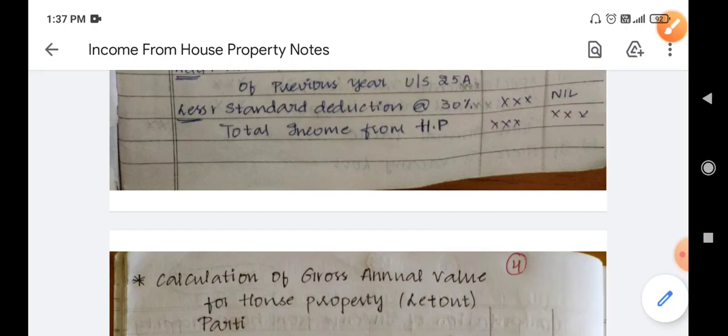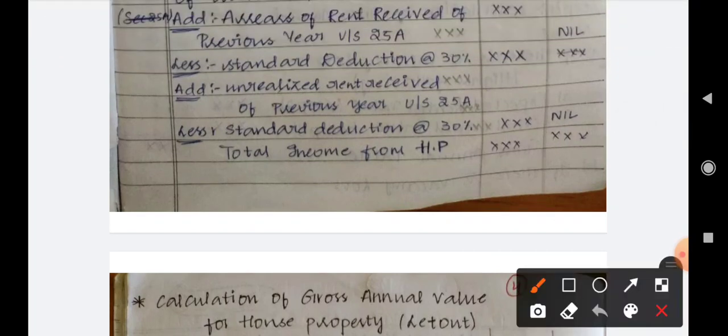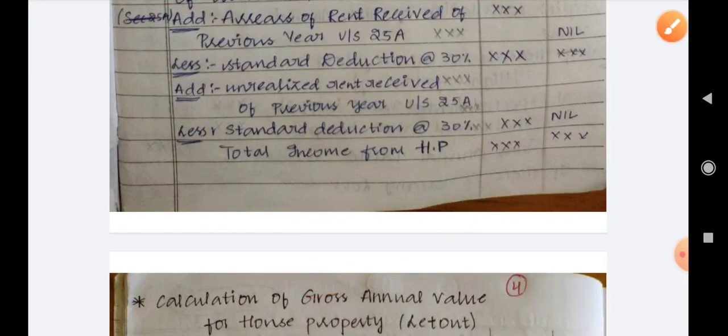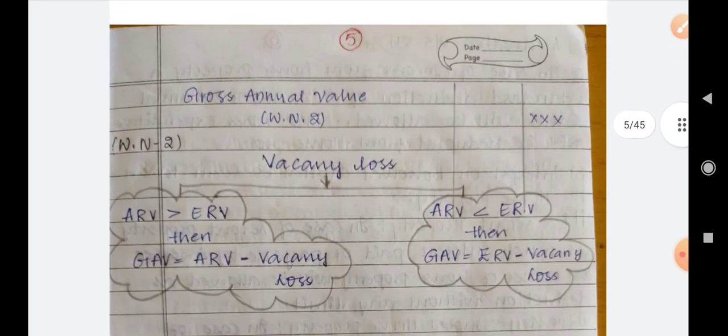Sometimes, in case of self occupied house there will be loss, and in case of let out, mostly there will be income. So from this income you can deduct the loss of self occupied and net income you can take. This is about computation of income from house property.